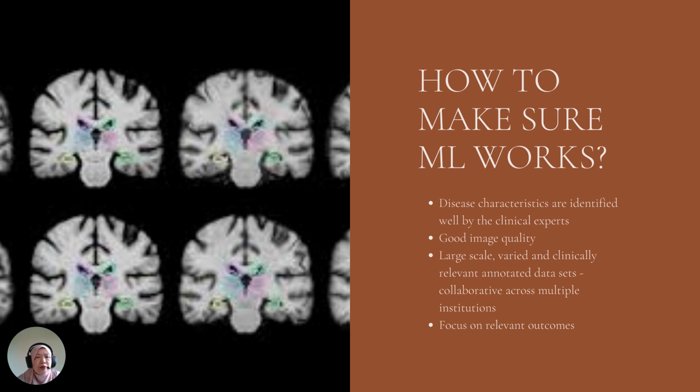Then good image quality, especially for neuroimaging or radiology in general. We rely on the accuracy of the images, so if they are noisy or blurred, it's going to be very hard for us to develop a good machine learning model.